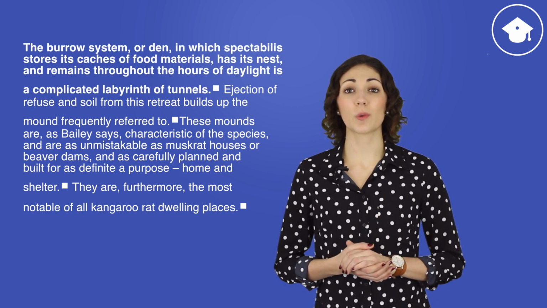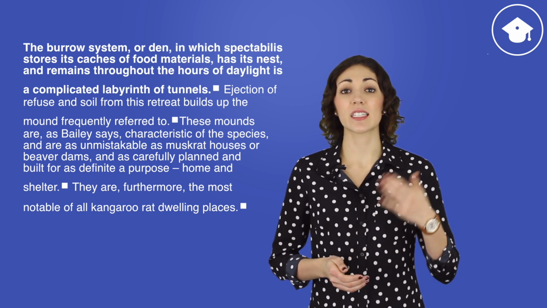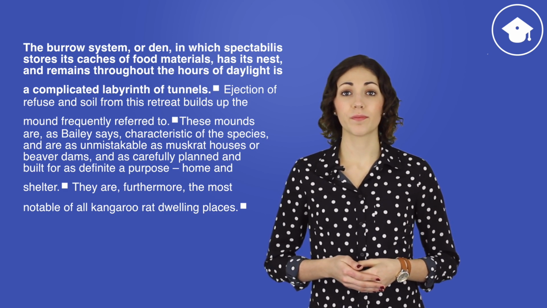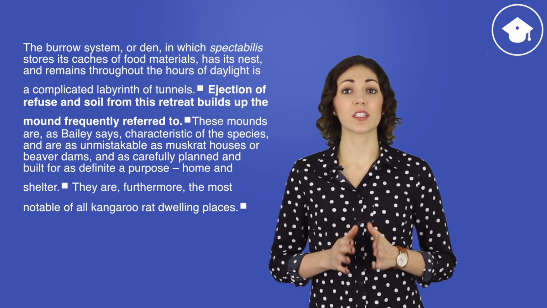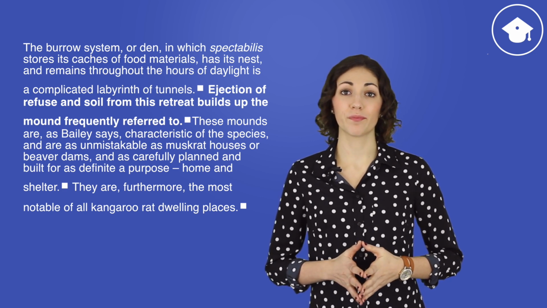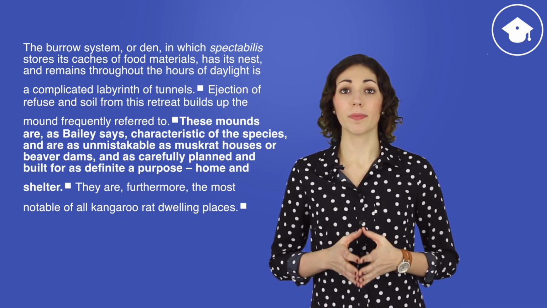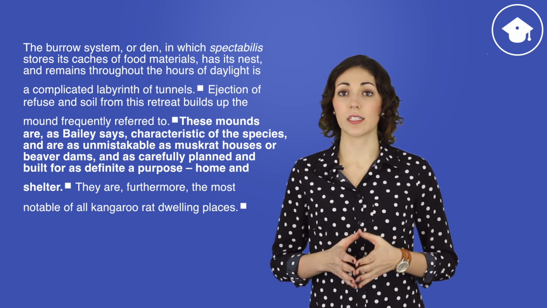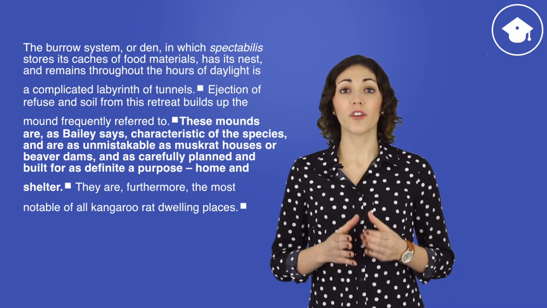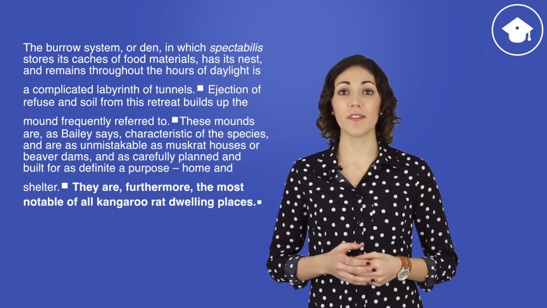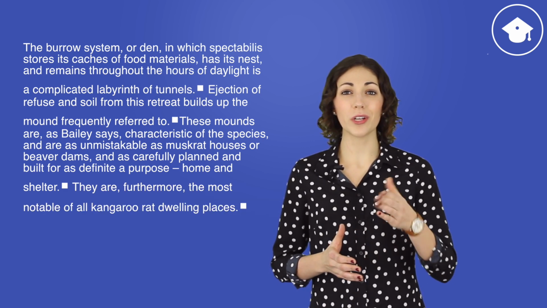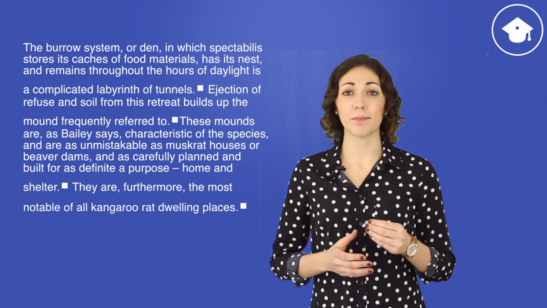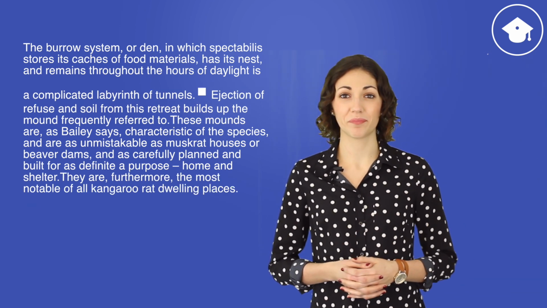For the first square, the previous sentence does mention tunnels. For the second square, the previous sentence does not mention tunnels. For the third square, the previous sentence does not mention tunnels. For the fourth square, the previous sentence does not mention tunnels. So we should plug the sentence into the place marked by the first square.